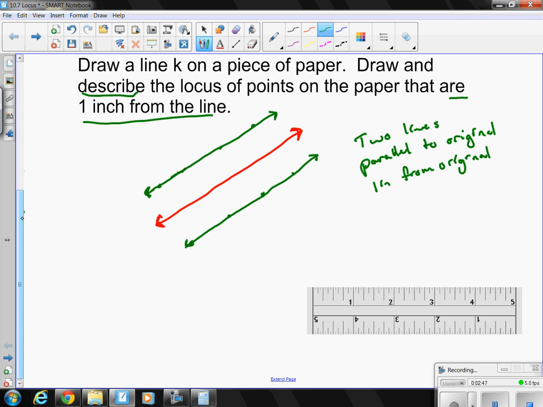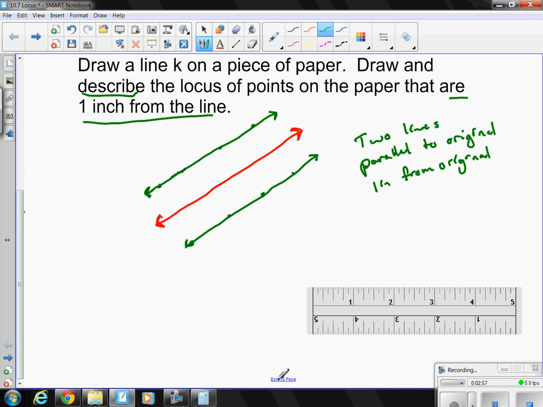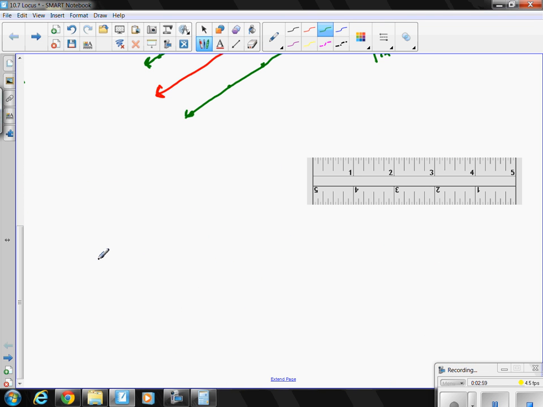A lot of people get confused, like, what the heck is this locus thing all about? One of the reasons we talked about this in this section is that the definition of a circle is described by a locus.